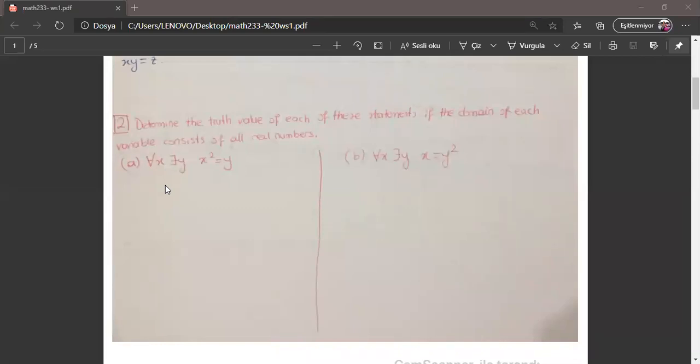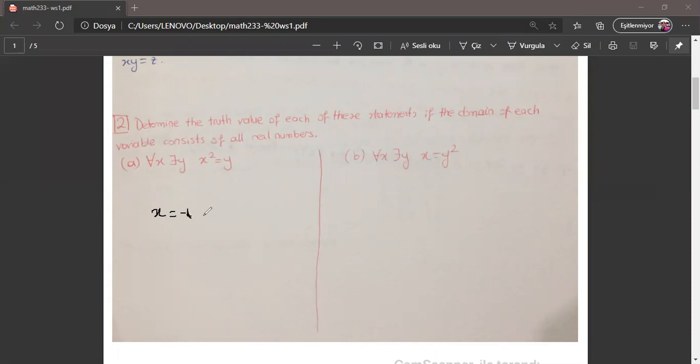So for any real number x, does there exist a real number y such that x squared equals y? It is correct, because if you pick any real number for x, its square will be again some real number. For example, we can pick x equals, I don't know, -1.